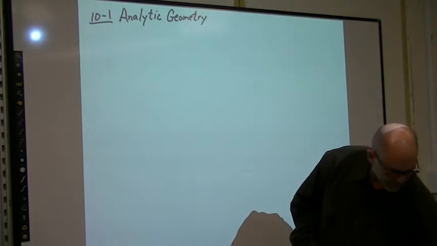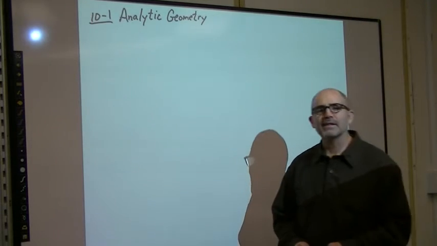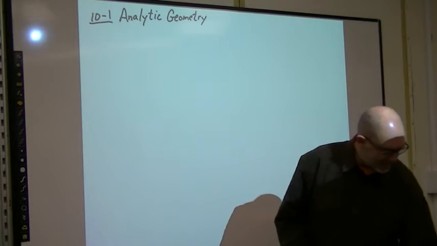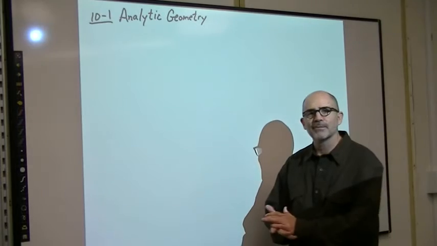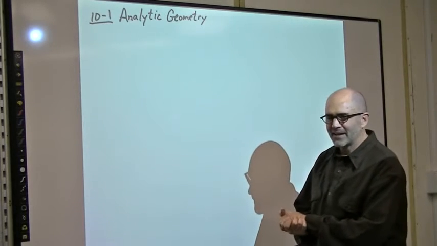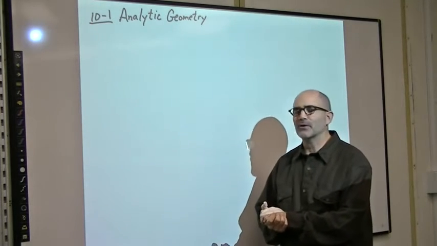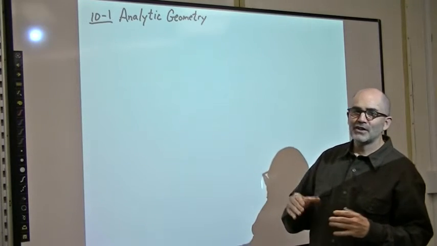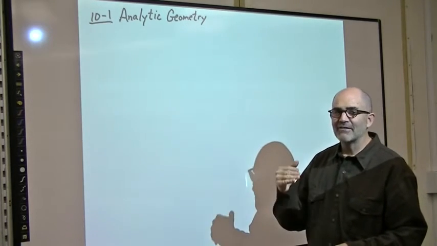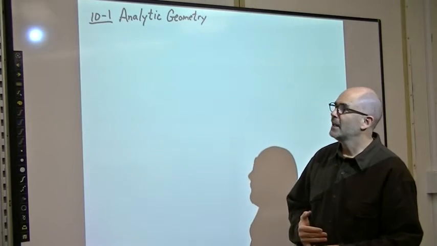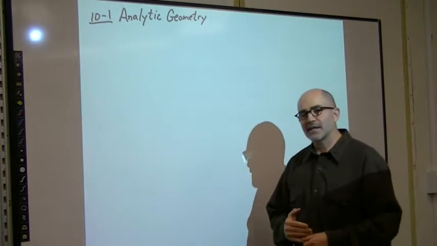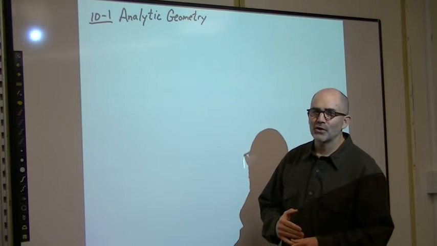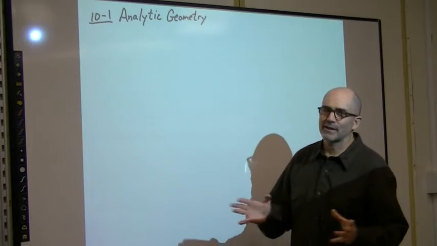Now, as I've been telling you for several months, Chapter 10 is definitely the juiciest chapter in the entire year. This is the chapter that you guys really have to keep up with. Surprisingly, Section 1 and Section 2 are going to be embarrassingly easy.